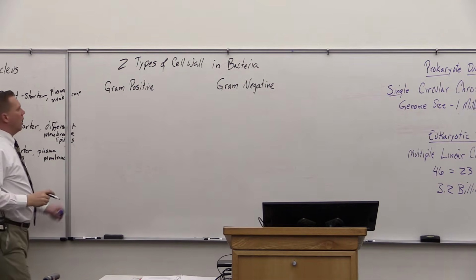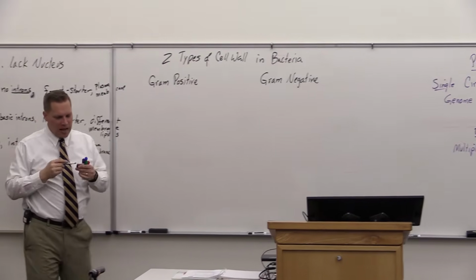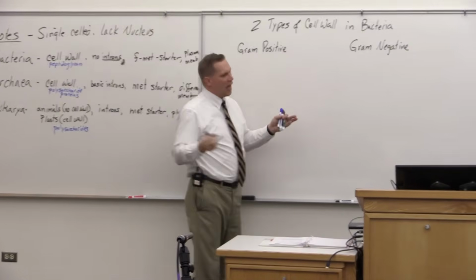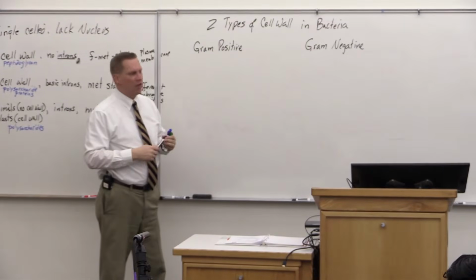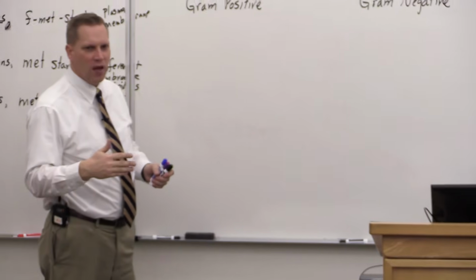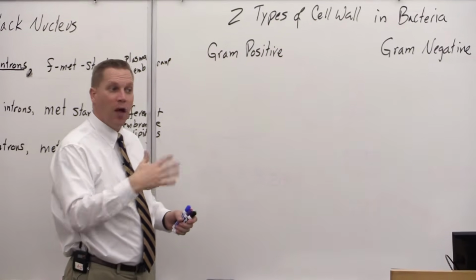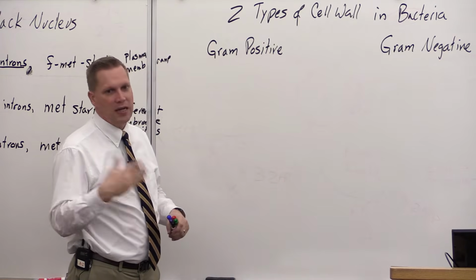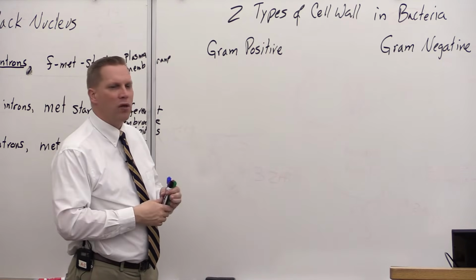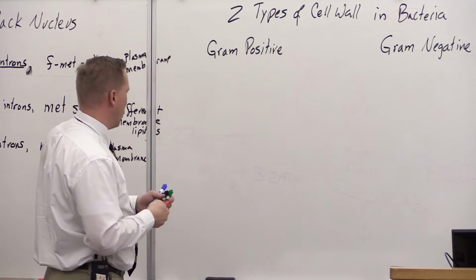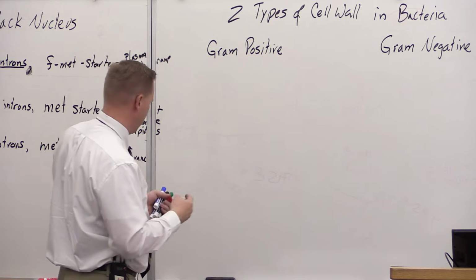This is based on a simple assay, or a simple test, where you add a gram stain, a fluid called a gram stain, to the preparation of cells. Depending on whether it takes up that gram stain, positive, or doesn't take up that gram stain, negative, is how you classify the bacteria.